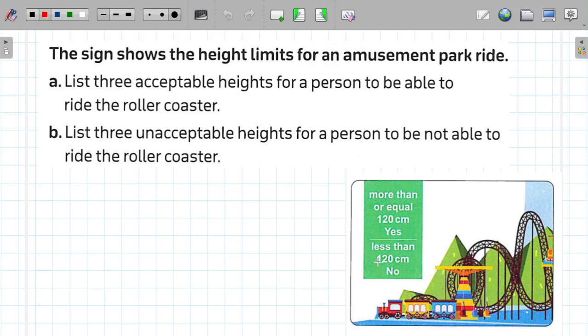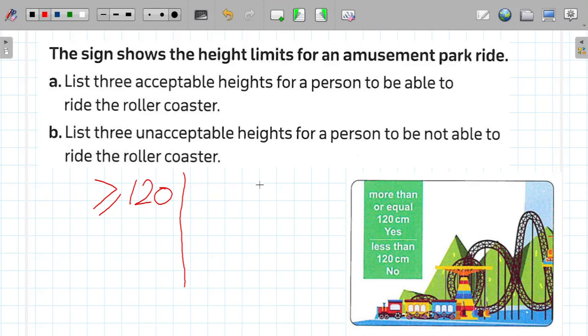Less than 120 centimeter, no. Okay, so I would divide my solution into two parts. The first one is I want the values that are more than or equal 120.